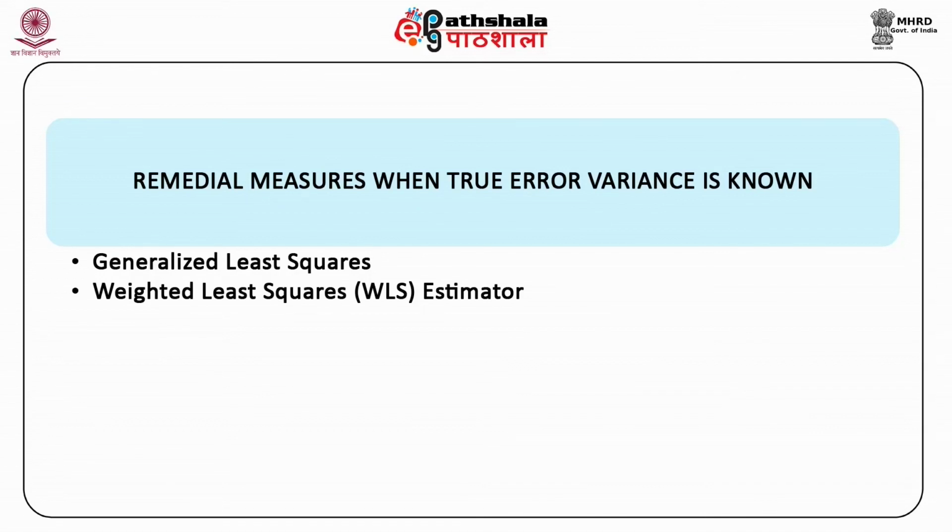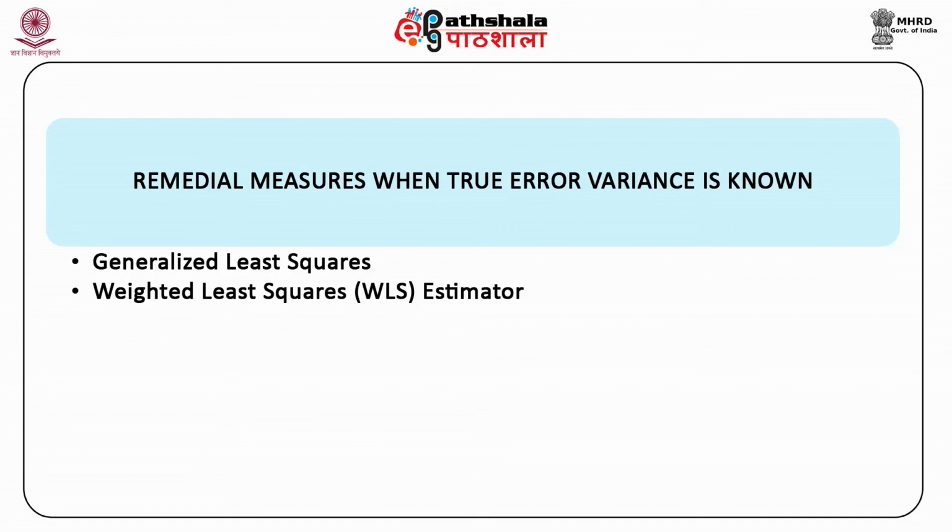Second, the remedial measures when the true error variance is unknown, which include techniques like feasible generalized least squares estimator, White's correction, and plausible assumptions about heteroscedasticity pattern, among many other commonly used techniques.